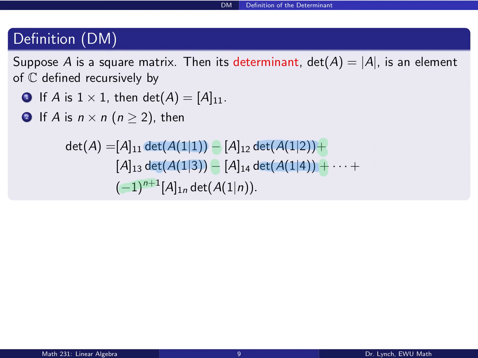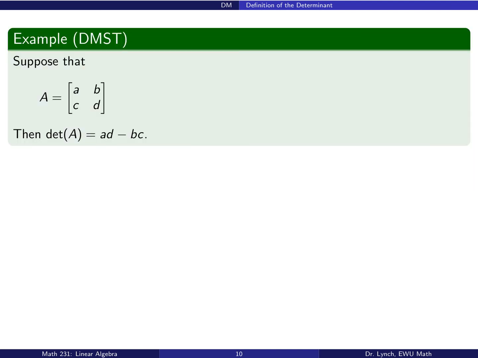We'll see this first for a 2 by 2 square matrix. Here's a 2 by 2 square matrix with entries a, b, c, d. We'll show that the determinant of this matrix is a times d minus b times c, and we'll do this carefully using the definition.